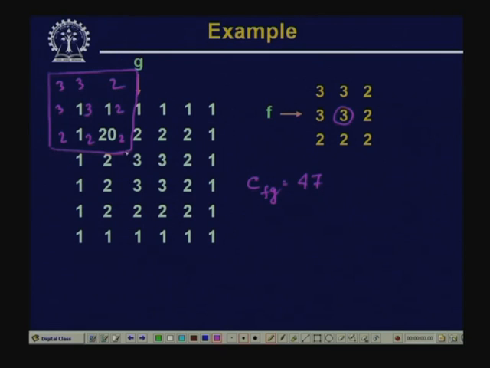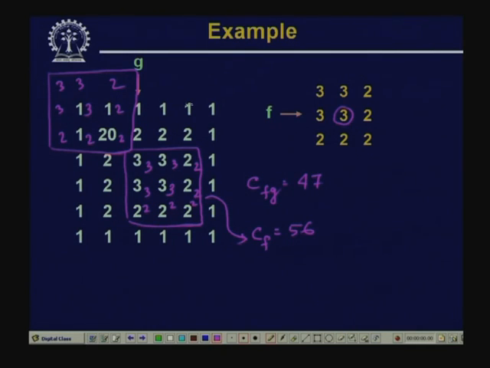Similarly, if I want to find out the cross correlation at this particular location over here, where the center of the template is placed over here, the other components of the template will come like this. You will find that the cross correlation at this location is given by CFG equal to 56.